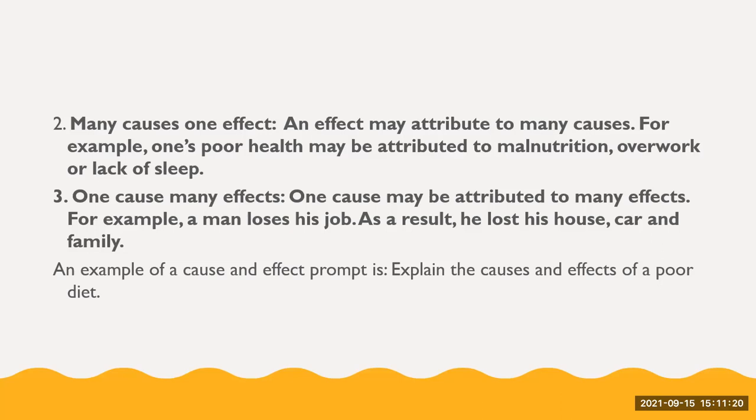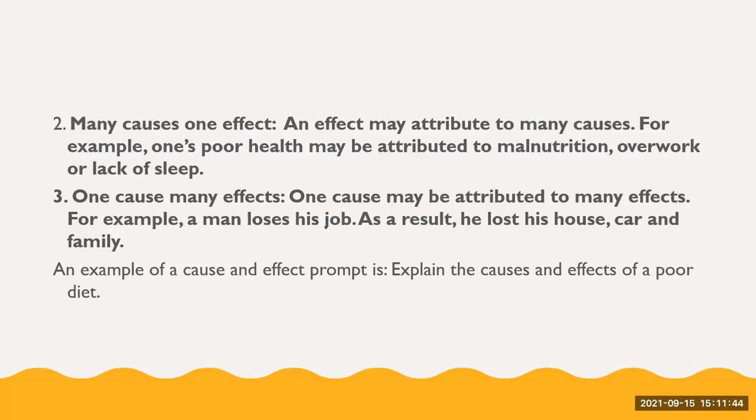So malnutrition, overwork, and lack of sleep have resulted in one effect, which is poor health. Is it going to be a case where you look at one cause that has many effects? For example, this one thing happened, which is the man loses his job, and as a result all these other things have happened.